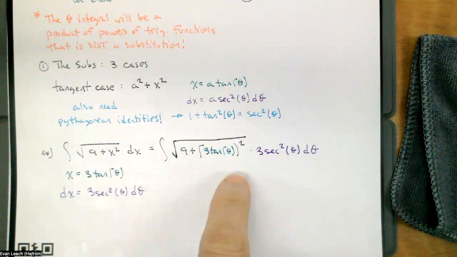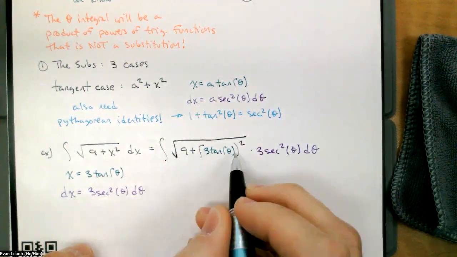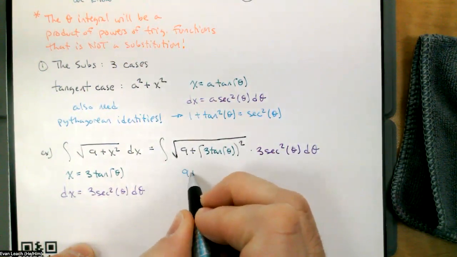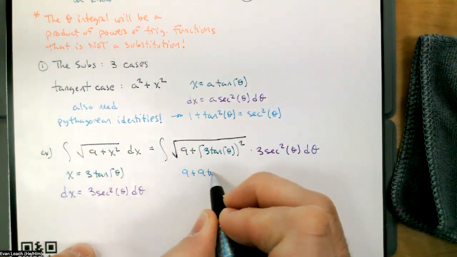We're going to multiply out the stuff under the radical, the stuff that 9 plus x squared has become. So this 9 plus the square of 3 tangent theta is 9 plus 9 tangent squared theta.